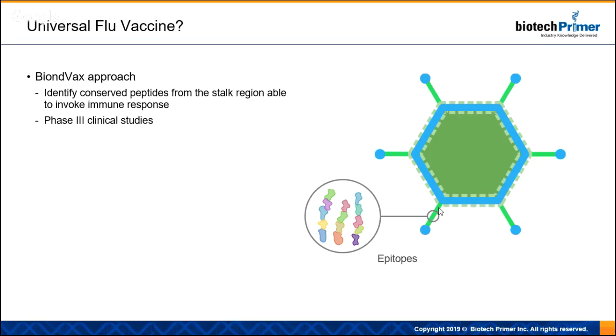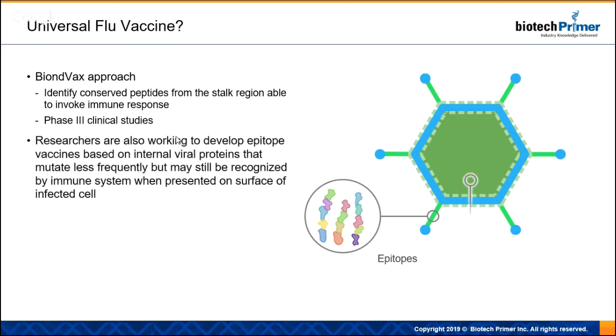And so again, preclinical studies testing in animals suggest that this approach can generate a robust immune response to the virus. And because that region mutates less frequently, it's more likely to last longer. It probably would not be a lifelong immunization, but the goal is for at least 5 years or so. And this is currently being developed by BioBasics and is in phase 3 clinical studies.